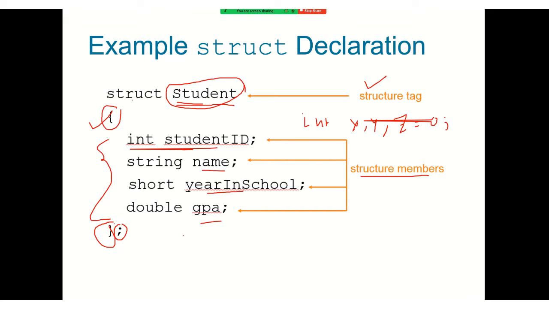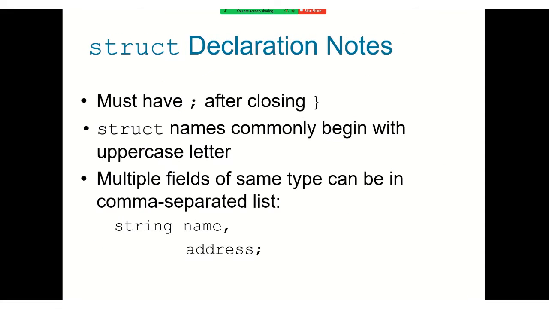You cannot keep track of them, and it's absolutely unreadable. So always define the data type and variable, put a semicolon, define another data type, another variable, and so on.